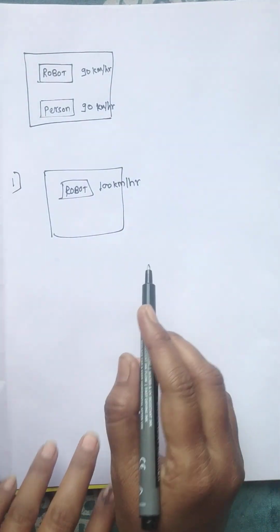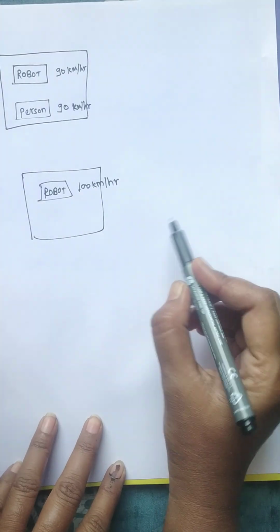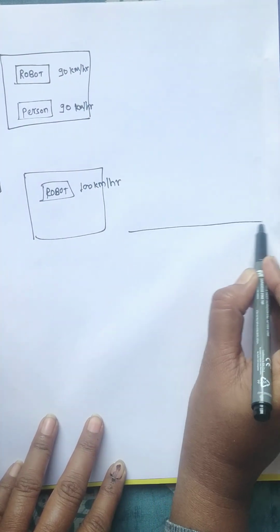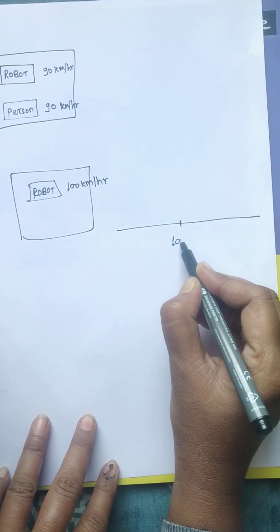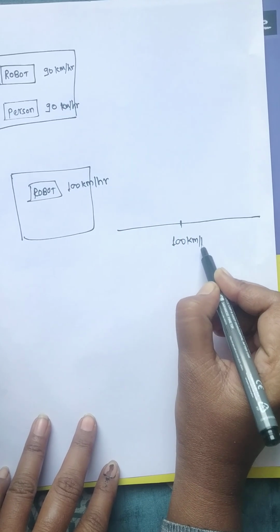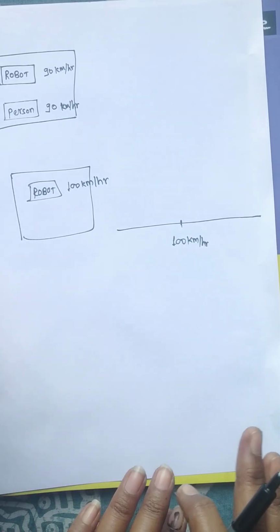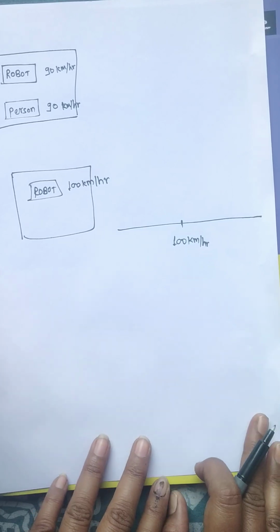Okay, so let us try to represent it with the help of a graph. Initially no person is there, so the robot is running at the free running speed of 100 km per hour.